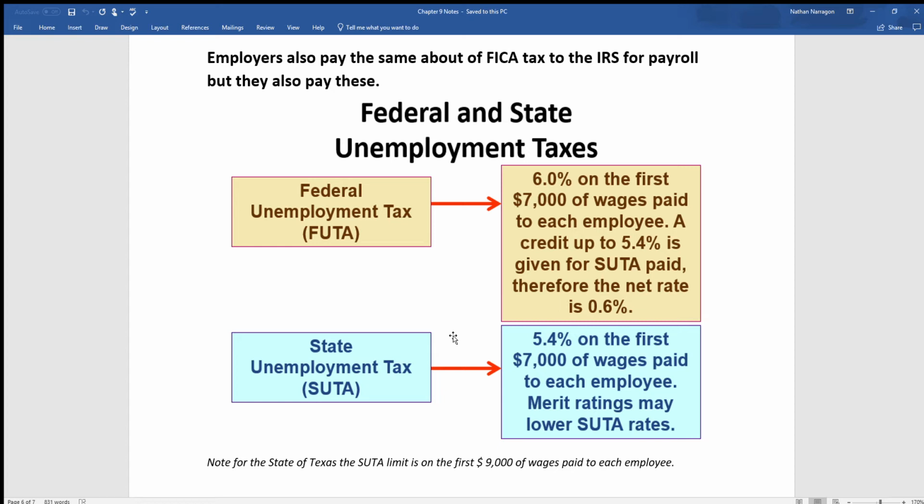Well, you have two kinds. You have FUTA and SUTA. Mostly, you'll always hear them in their acronym form. But for the federal unemployment tax, usually this is 6% on the first wages of $7,000. Okay, so 6% of the first $7,000 is paid by the employer to help in case you are canned and have to take a while and you can file for unemployment.